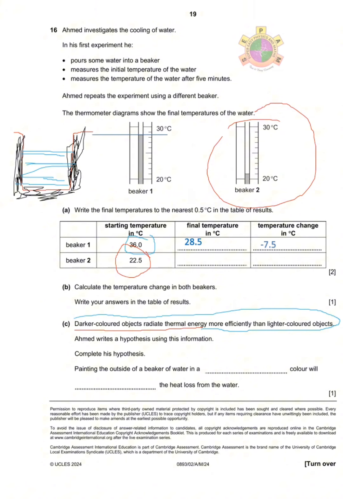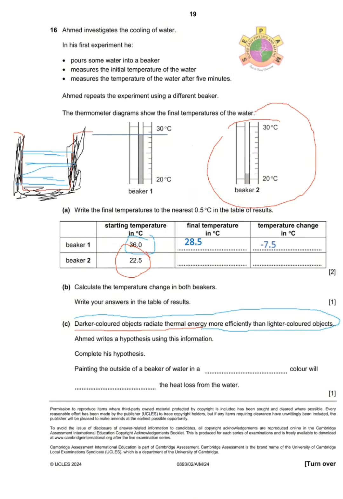Now let's look at beaker 2. The initial temperature for beaker 2 is this. So we are looking at this one, beaker 2. The initial temperature is 22.5. And Amel put the thermometer and then observed the cooling.